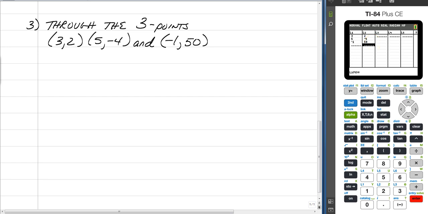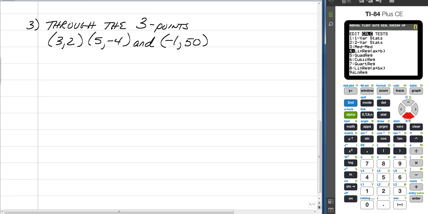So after that, you need to tell the calculator what you want to do with it. So we're going to press the Stat button again. But this time we're going to slide over to Calculate. And the Calculate can do a whole bunch of different things. It could come up with a line that best fits the equation, or all sorts of different things. But this is a quadratic regression.